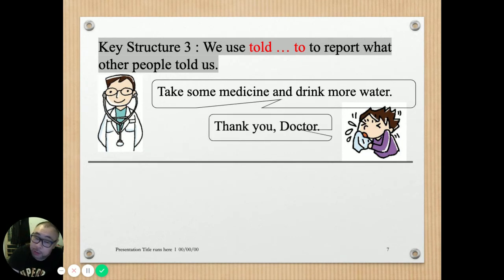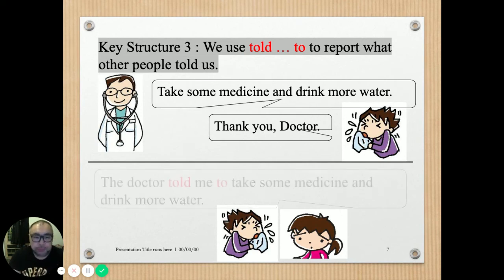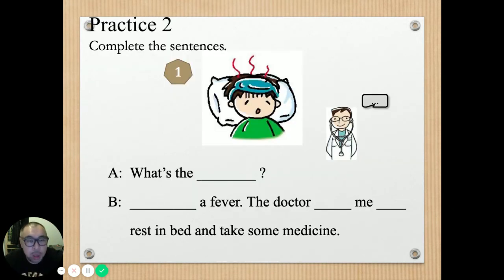And then, thank you, doctor. So, you will tell your friend what the doctor told. So we have to use the past tense for that. The doctor told me to take some medicine and drink more water. We call that the reported speech, actually. So let's practice that, shall we?